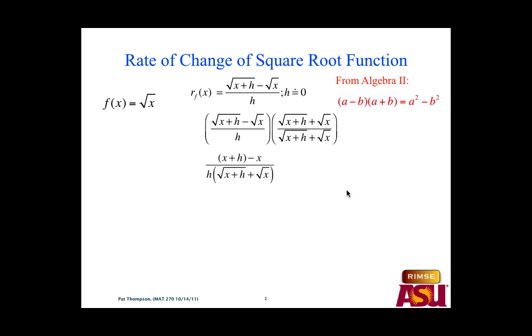I'd get the first term squared, leaving us just x plus h, assuming that we're dealing with real numbers here, so that when I square a square root of x, x is a real number. Squaring the square root of x, squaring the square root of x plus h, assuming those are both positive quantities underneath so that we have real expressions, I get this, where the numerator here is then just h.